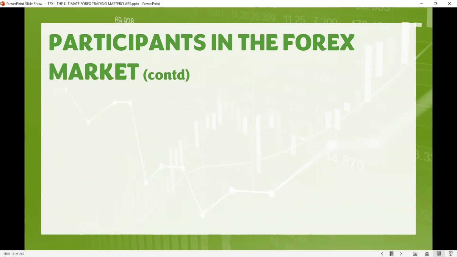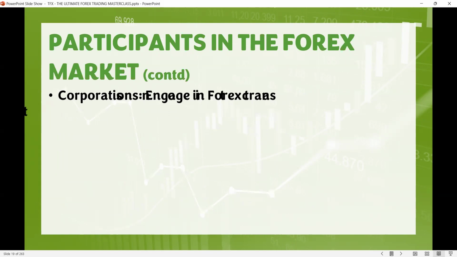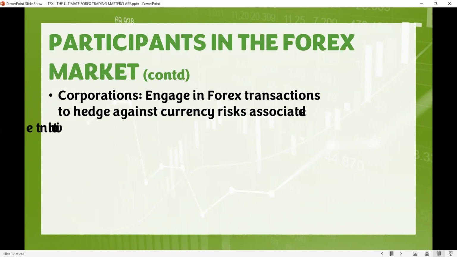And then three, we have the big corporations that engage in forex transactions to hedge against currency risks associated with international trades. Recently, we saw what was happening with one of our big oil moguls in Nigeria.